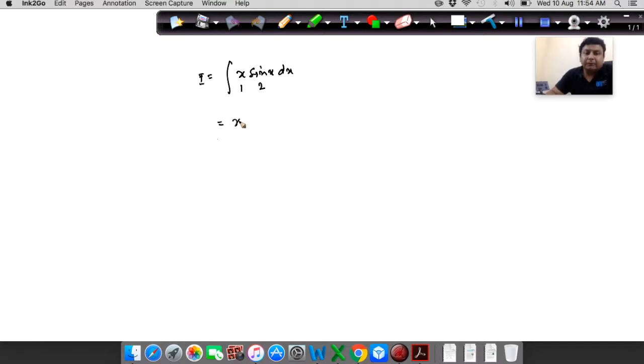So we take the first function as it is and integration of the second function, so minus cos x, minus differentiate the first, integrate the second, that is minus cos x, so minus minus plus cos x, and this result is to be integrated. So what you get is minus x cos x plus integration of cos x, that is sin x plus c. Done.